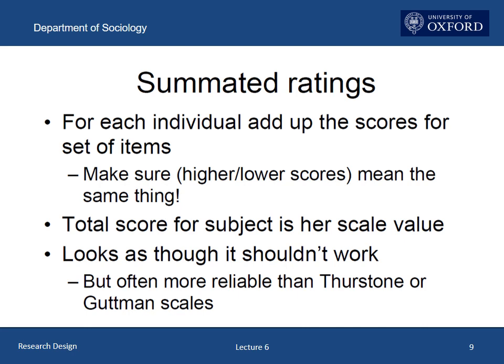However, in practice, we have good evidence that summated rating scales constructed from Likert-like items actually perform very well and are often much more reliable than Thurstone or Guttman scales. In fact, they often do as well as many of the more sophisticated and complex statistical techniques that can be used to produce scale values.